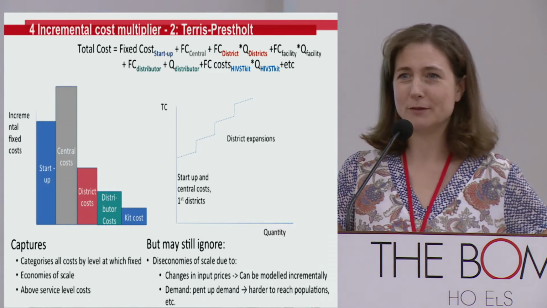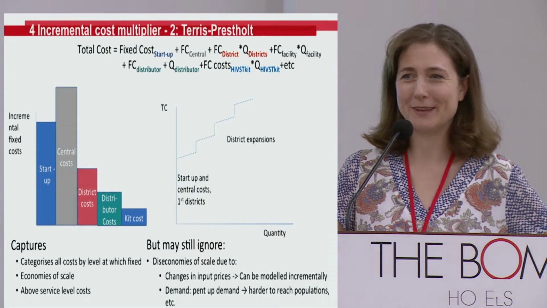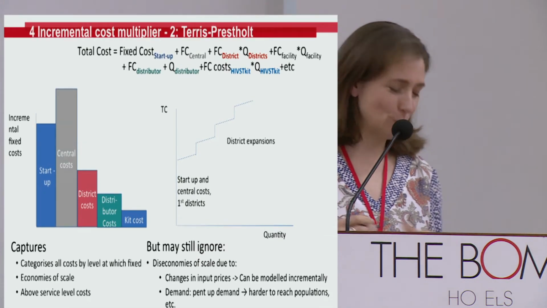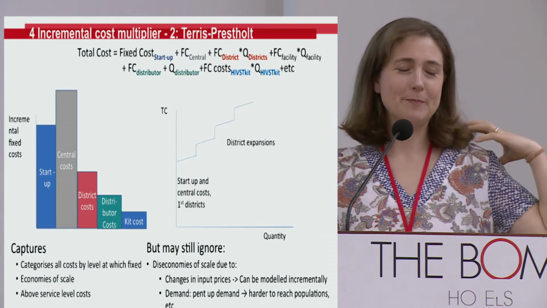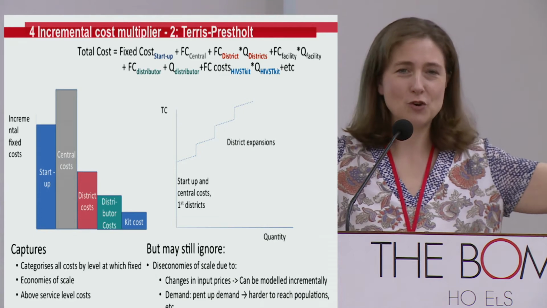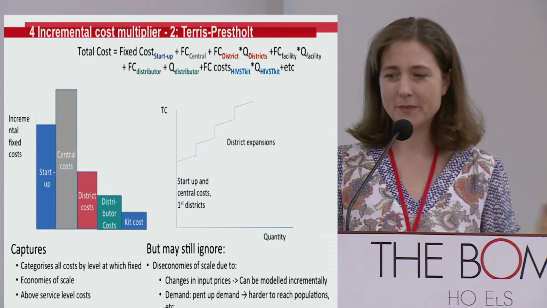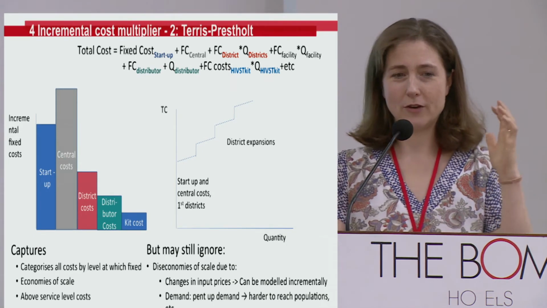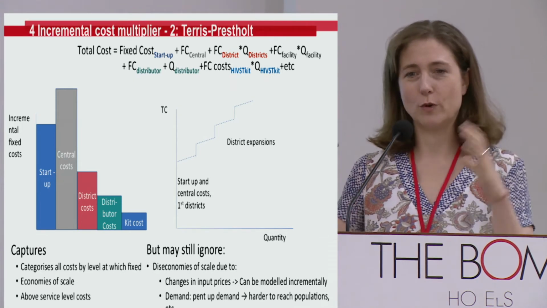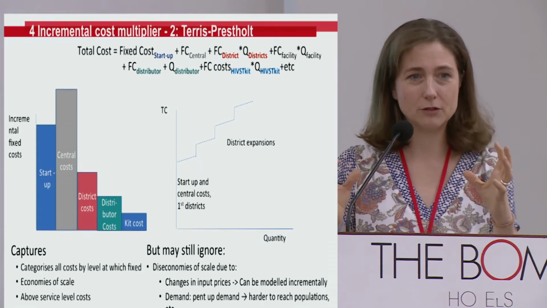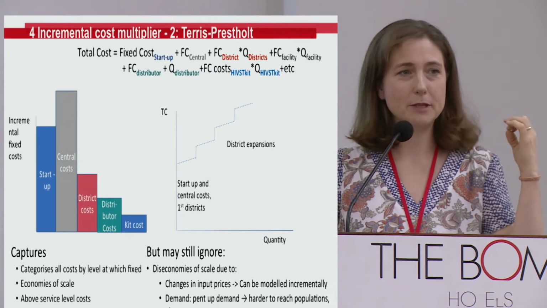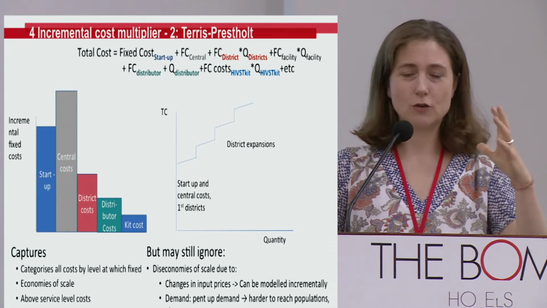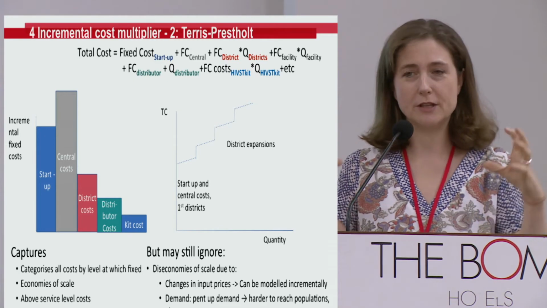Have I lost people? Are we all with me? Good. So what we do is a top-down costing. We start with all the accounts, all 9,000 line items of them. We identify whether it was a startup cost, or a cost incurred at central level. Central level costs can be both the headquarters, human resources, but also the central teams.